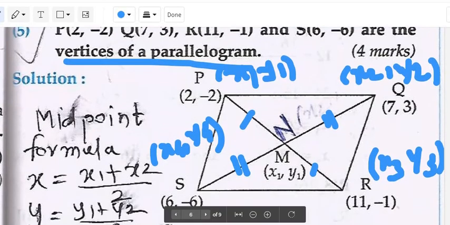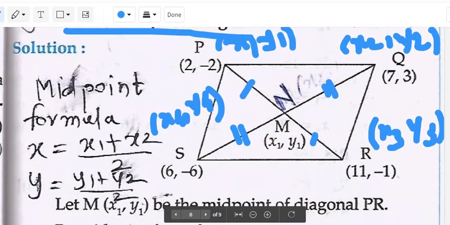When we prove this, use the midpoint formula. What is the midpoint formula? x is equal to (x1 plus x2) upon 2 and y is equal to (y1 plus y2) upon 2. That is the midpoint formula. Suppose this N is the midpoint of PR, then (2 plus 11) upon 2 and (minus 2 minus 1) upon 2.